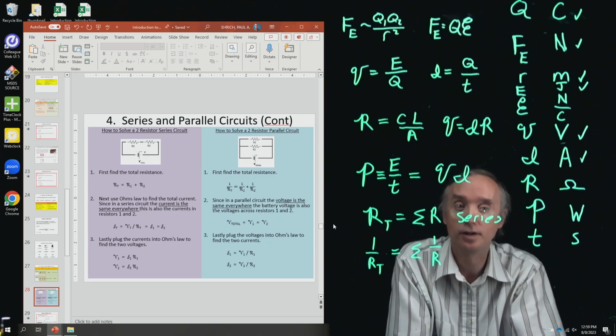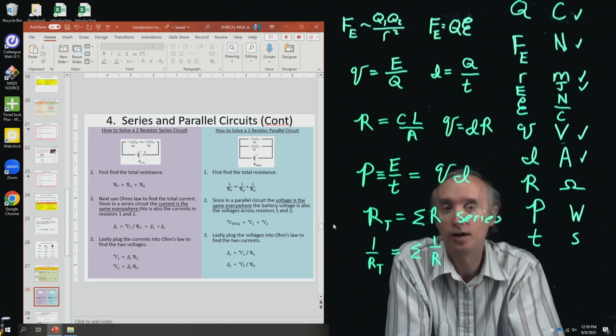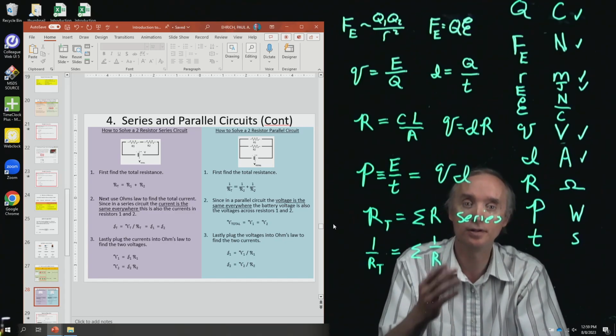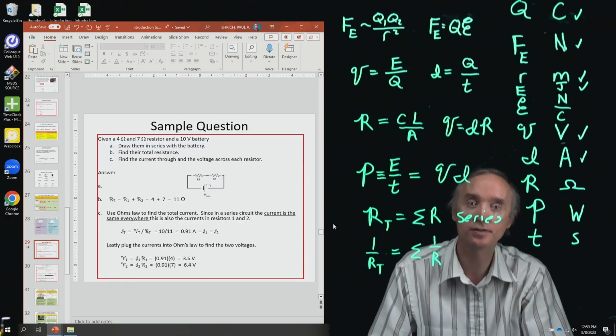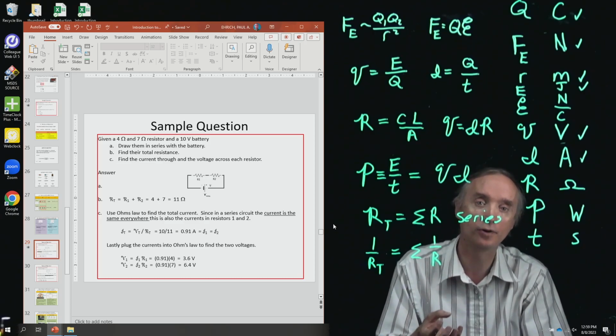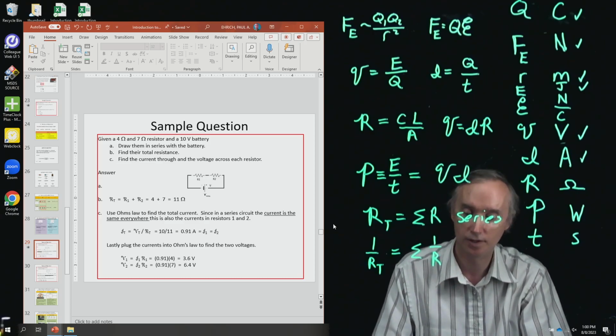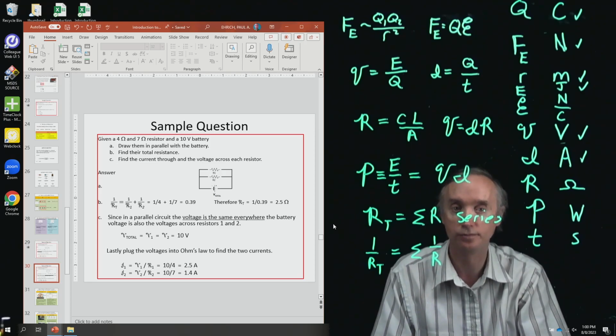Or I could say draw the two resistors in parallel, find the total resistance, and then find the voltage and the current in each resistor. So here is how you do it, and here is a sample question. This one is how you would do it for a series circuit, and this one is how you would do it in a parallel circuit.